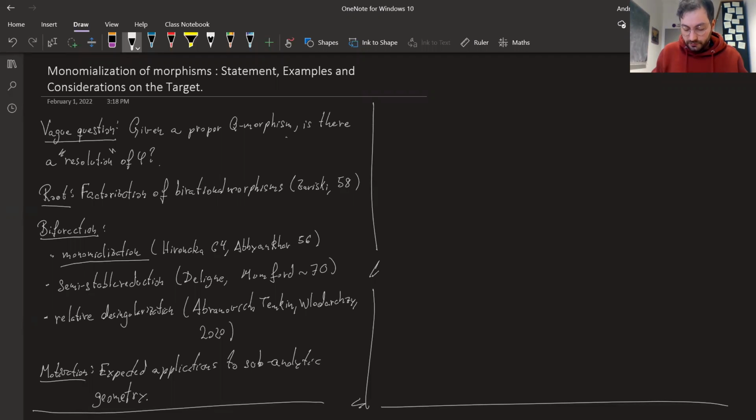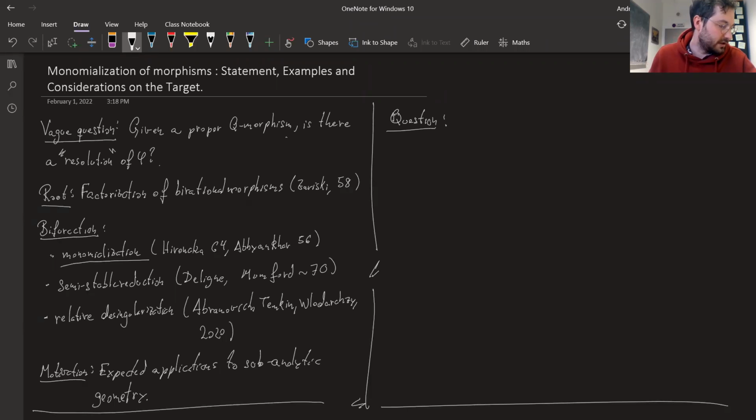So one of the interests here is that we are going to choose the notion of resolution of the morphism which interests us the most, and this is basically what we want to apply.